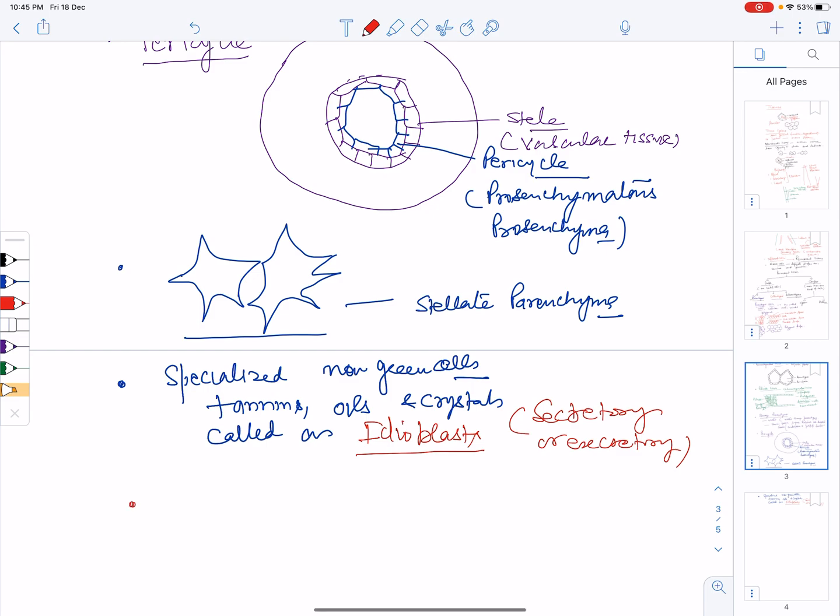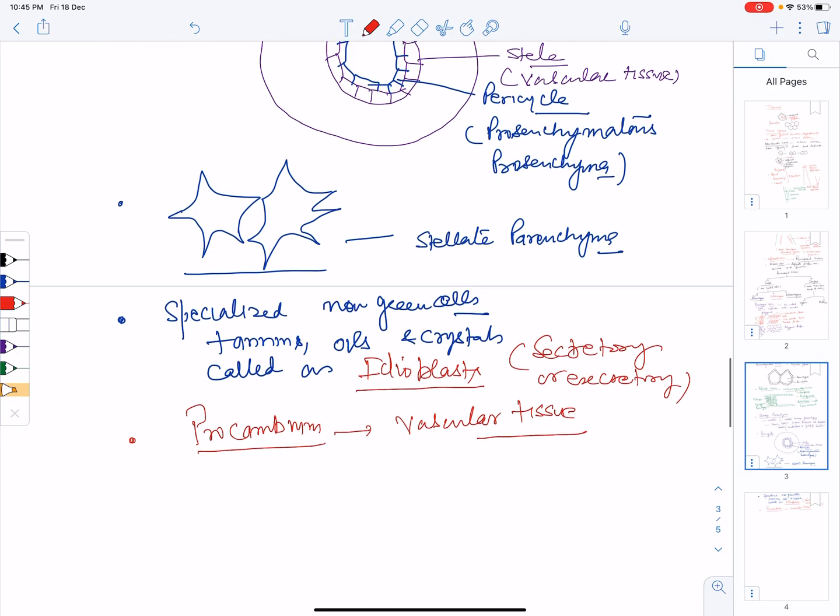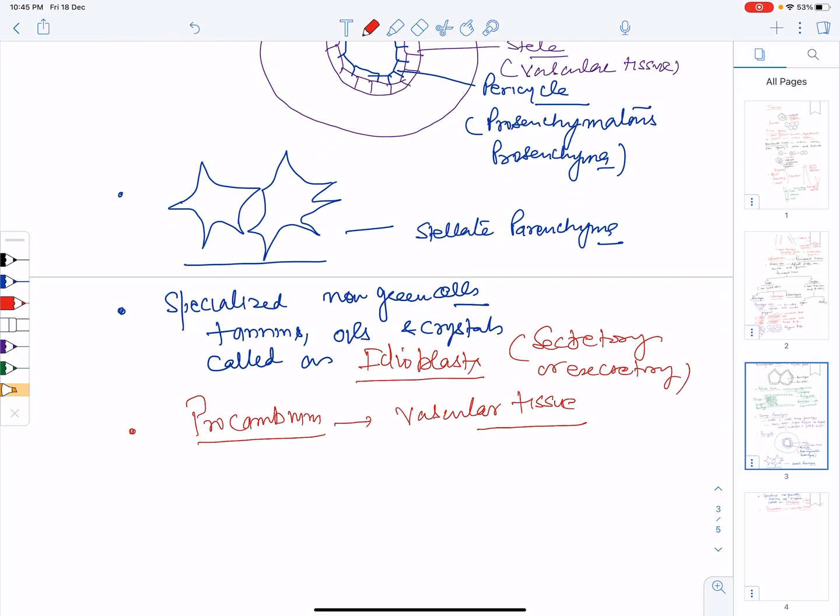Now another category is procambium. Basically procambium is the parenchymatous cells which help in differentiation of the vascular tissue. Now parenchyma may be present, like we said, there is complex permanent tissue, xylem and phloem, which is made up of more than one kind of cells. So in xylem, one of the cells can be xylem parenchyma.